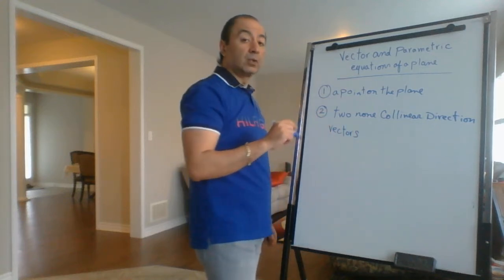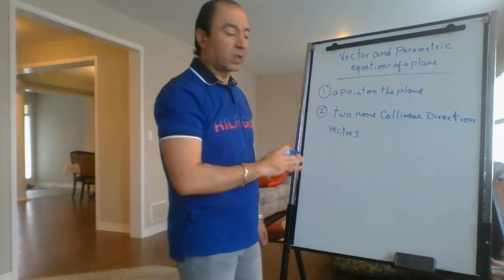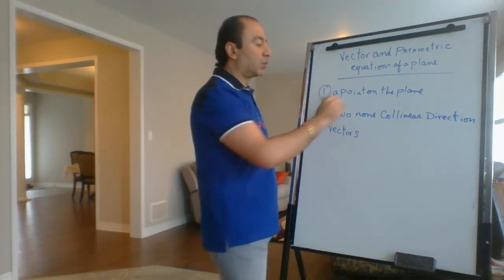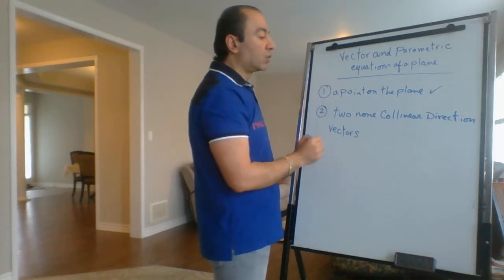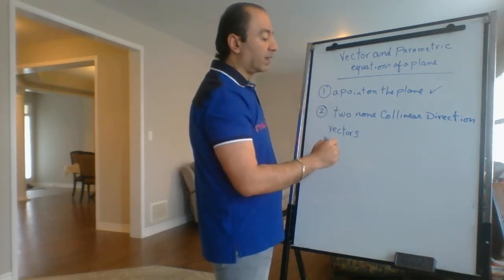So, no matter what is given to you in any question, we need to end up with the coordinates of 1 point on the plane, and 2 non-collinear direction vectors.